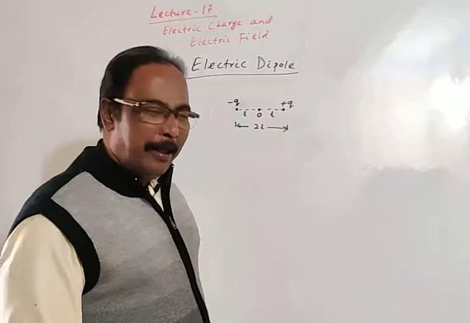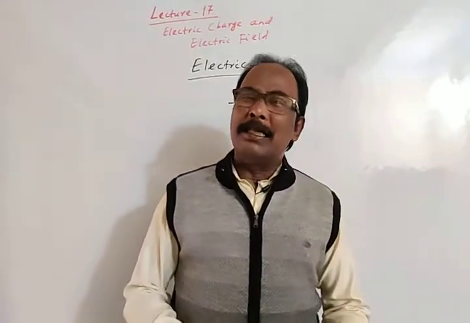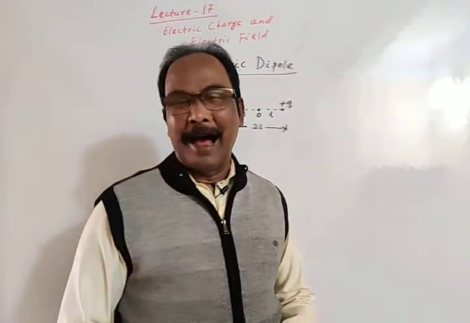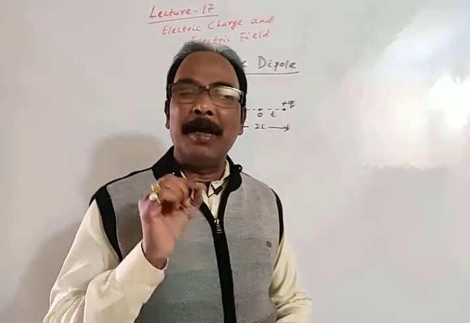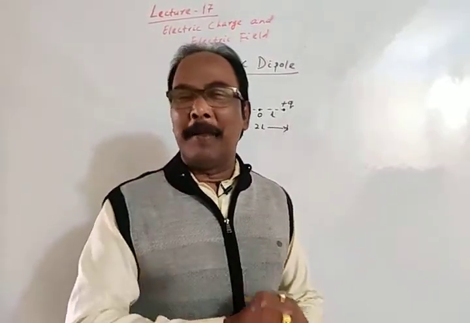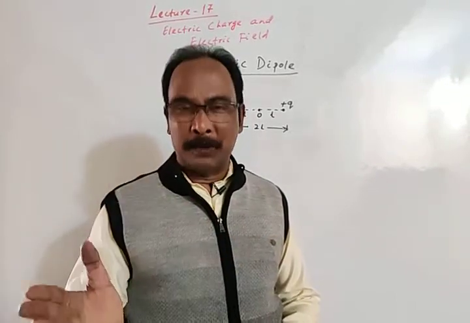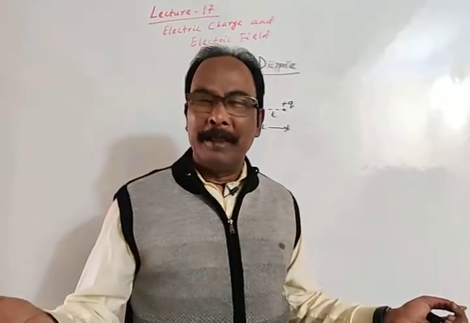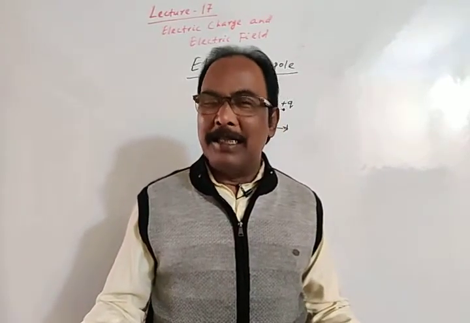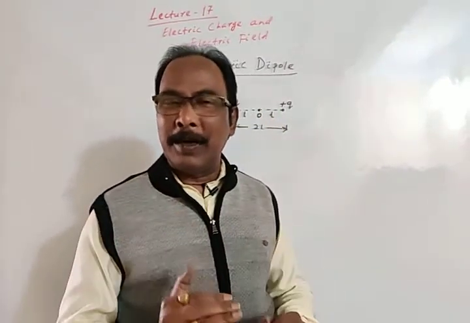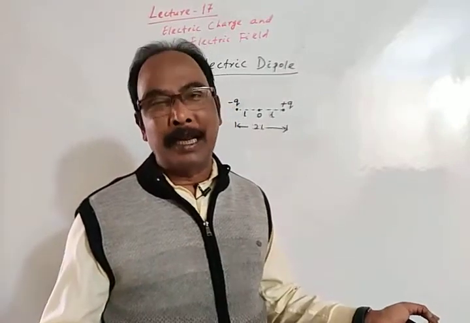Usually a molecule consists of atoms. An atom is electrically neutral, meaning it contains equal numbers of electrons and protons. As we know, the charge of an electron is equal to the charge of a proton, 1.6 times 10 to the power minus 19 coulomb, but they are opposite in nature.